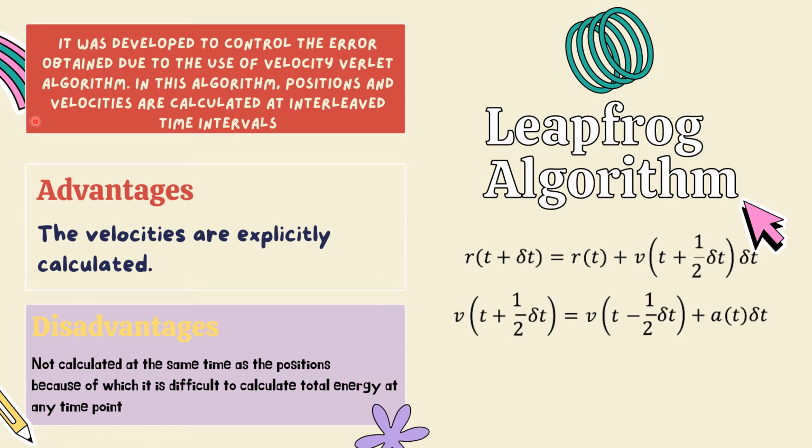In this algorithm, positions and velocities are calculated at interleaved time intervals. The advantage of this algorithm is that the velocities are explicitly calculated. However, it is not calculated at the same time as the positions, because of which it is difficult to calculate the total energy at any time point.